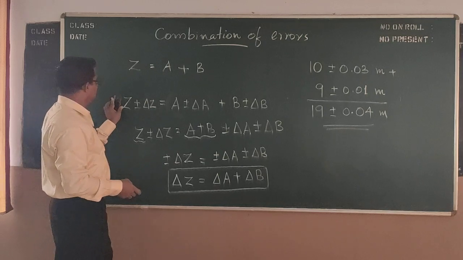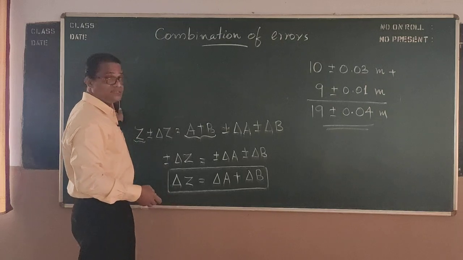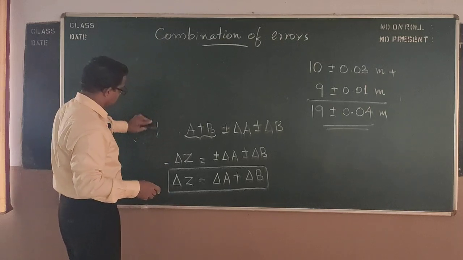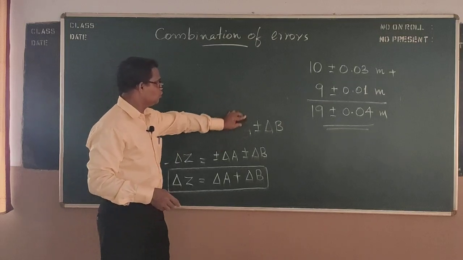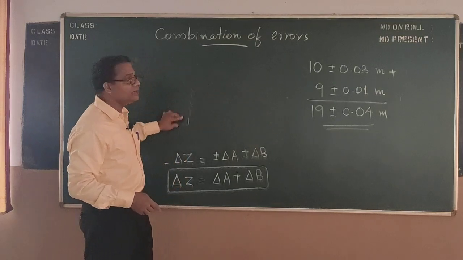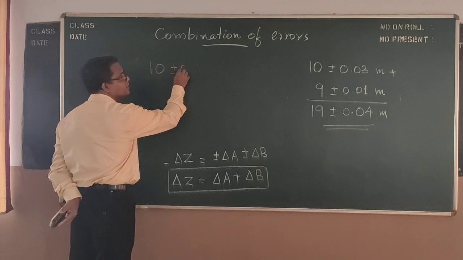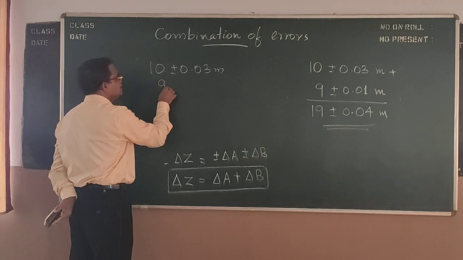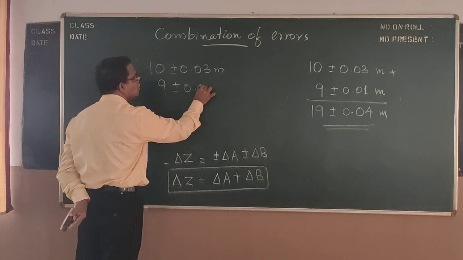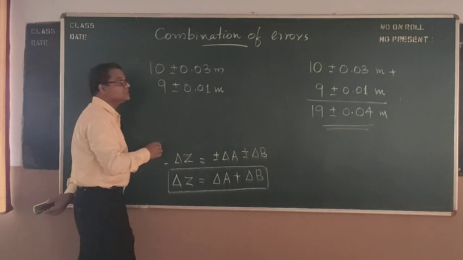Now instead, if I ask you to find the difference in length of the rooms with the maximum possible error, you will take 10 plus or minus 0.03 meter, then 9 plus or minus 0.01 meter. What is the difference between the two lengths?